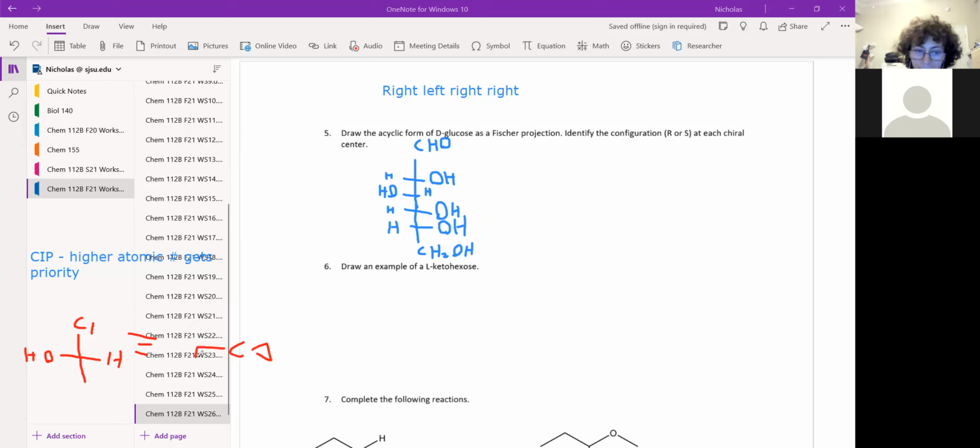So this is how you can interpret Fischer projections. This Fischer projection is equivalent to a drawing like this. So the horizontal lines are wedges, and the dashes are on the vertical lines.